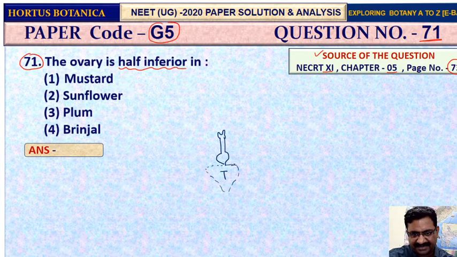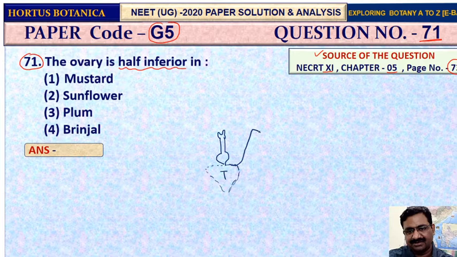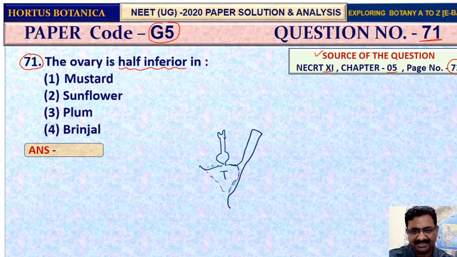Again, we find this margin is going to grow, likewise in the inferior ovary. So this margin starts to grow, right? And a time comes when it does not grow completely, rather stops and comes back like this. Similarly, this structure starts to grow to enclose, but does not completely enclose, rather partially encloses, and comes back like this.